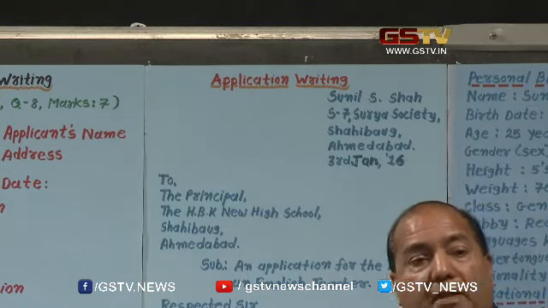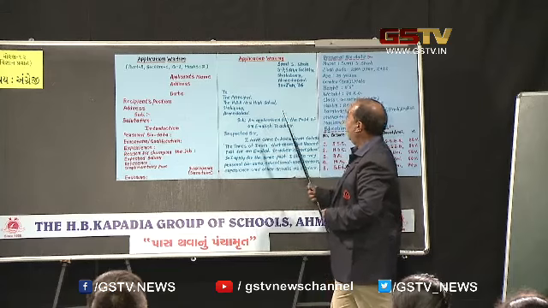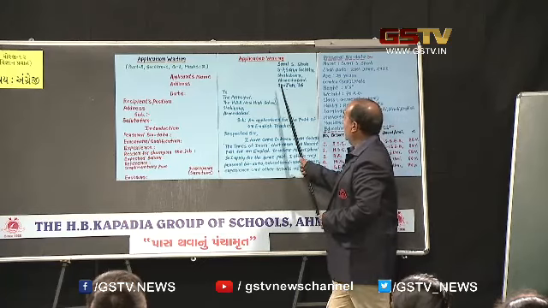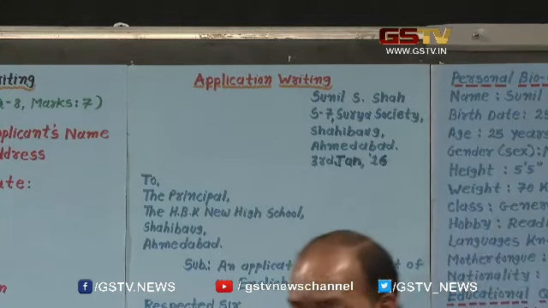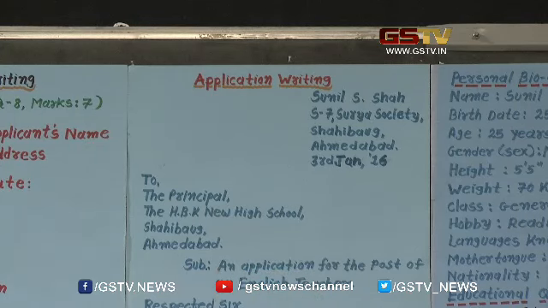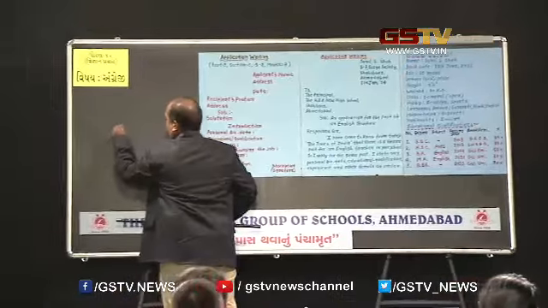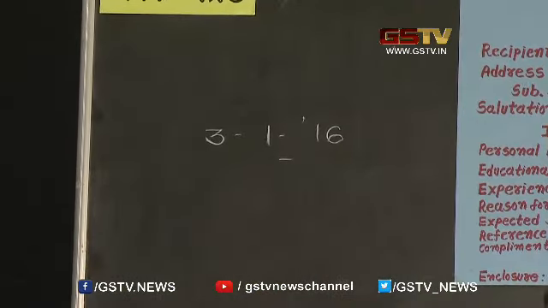Now, completing our address, below the address the turn comes for the date. We should write the date in this way, 3rd Jan 2016, but if we write the date in a simple manner like just 3, then we will surely lose our marks.